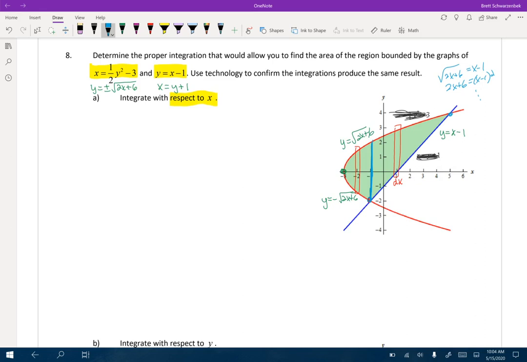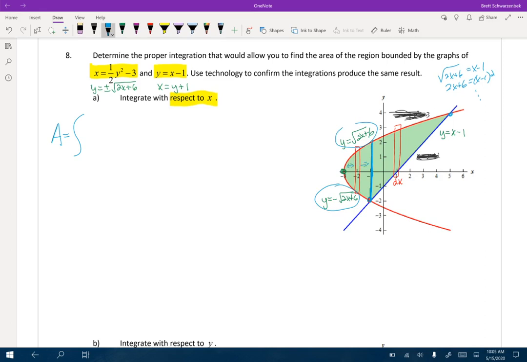So what does this look like in terms of how we're going to do this? So the first region, we're taking this rectangle with dx on the bottom, and we're going this minus this, right? And we're spreading the rectangle from -3 to -1.